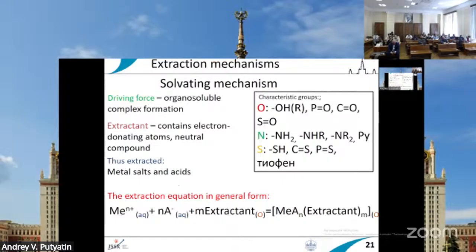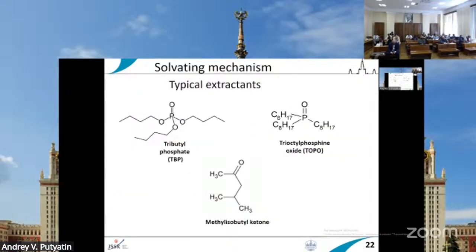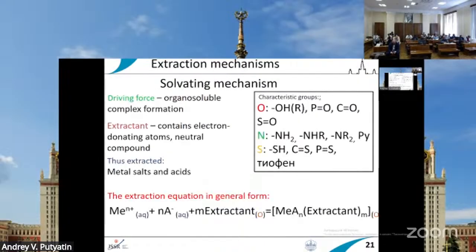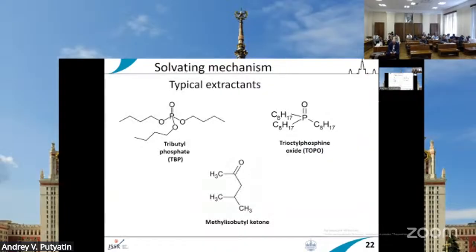The first mechanism, the real mechanism, is a solvating mechanism. How can we understand that an organic compound will bind metals and take them into the organic phase? First of all, this organic compound should have long aliphatic chains to have solubility in the organic phase.